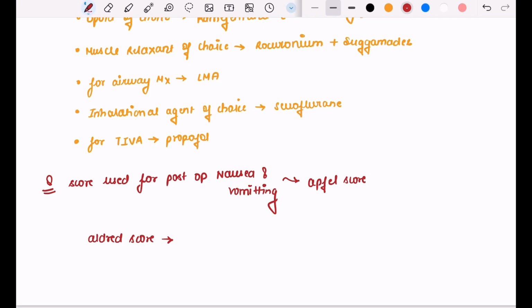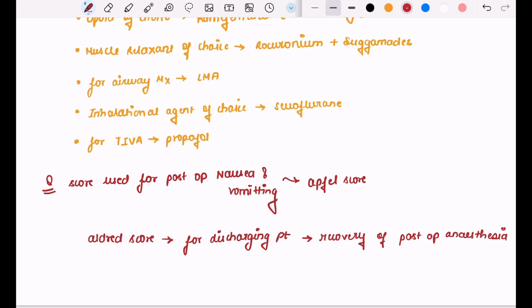It is used for discharging a patient, or we can say recovery of post-op anesthesia. The maximum score is 10 and we require more than or equal to 9 for discharging the patient.